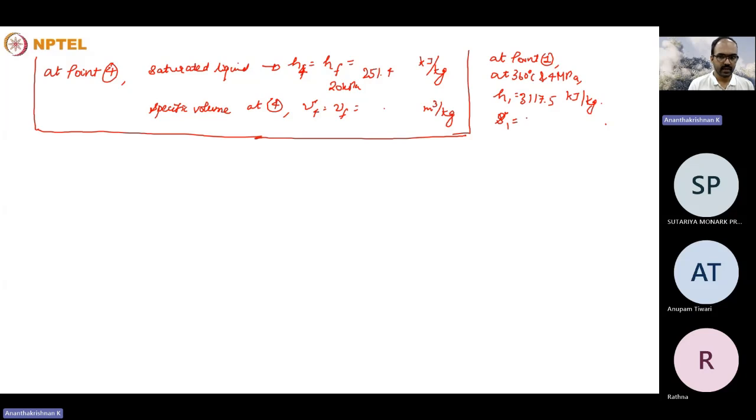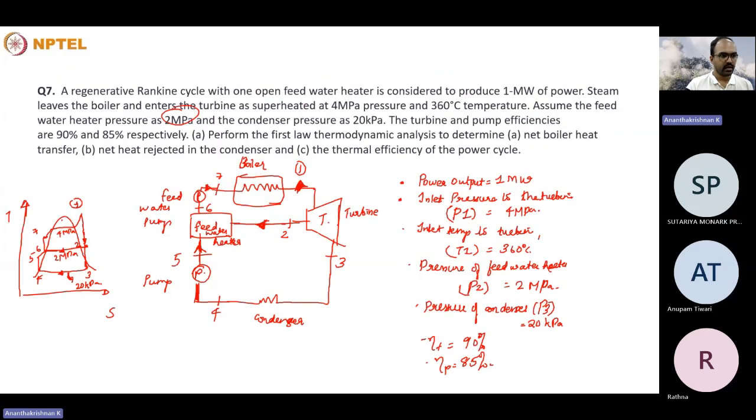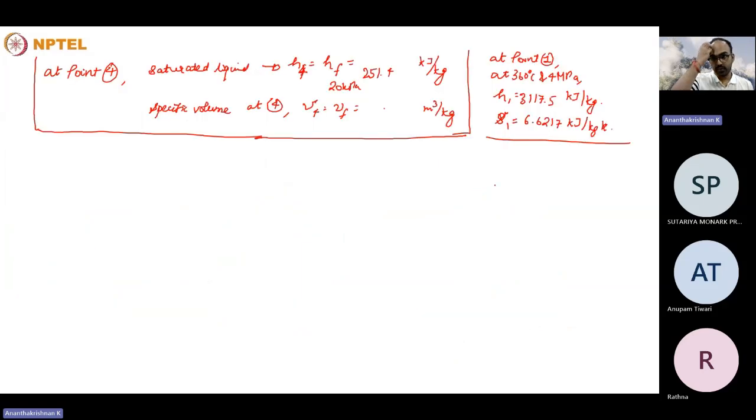So the S1 at that particular point, from the steam table, will be equal to 6.627 kilojoule per kg Kelvin. This is point 1, that is the superheated region. And the second part, the feed water is taken from a condition 2, that is a superheated region. So we need to identify the point 2.